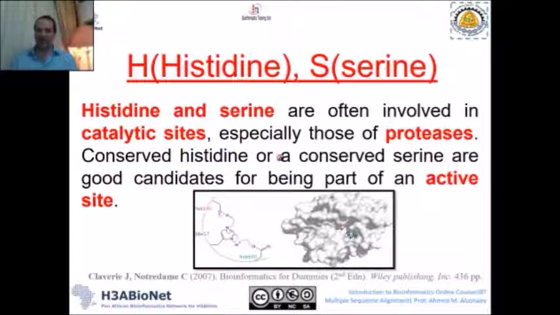So a conserved histidine or serine is a good candidate for being part of the active site. That's why you should keep your eye open for these two amino acids to understand if there is really an active site there or not.